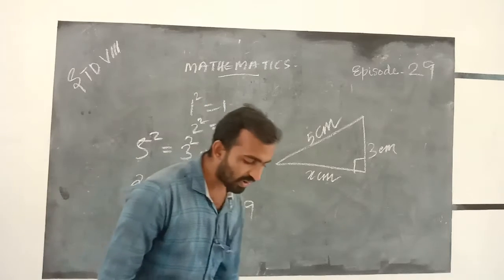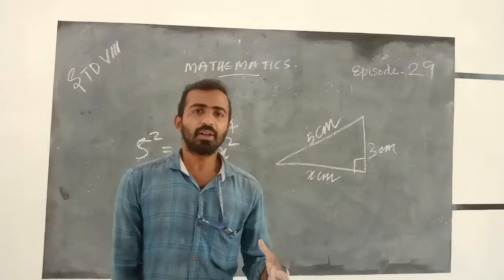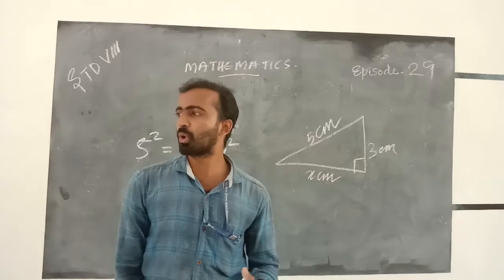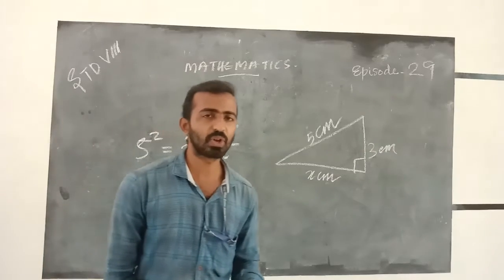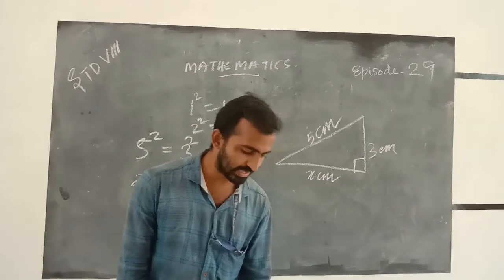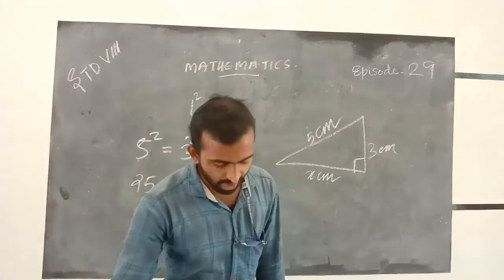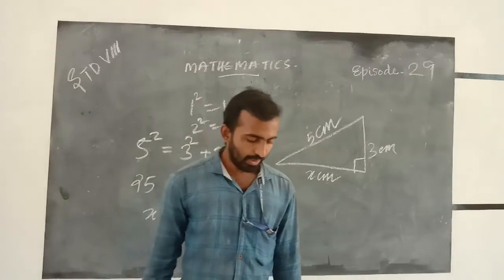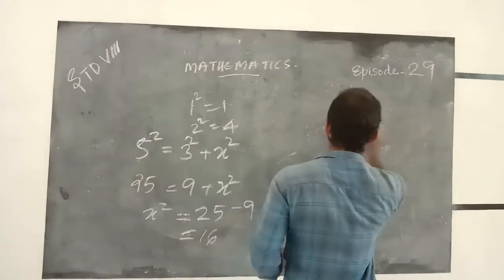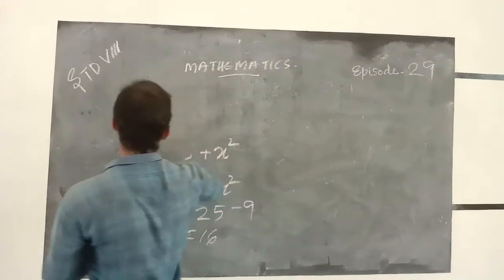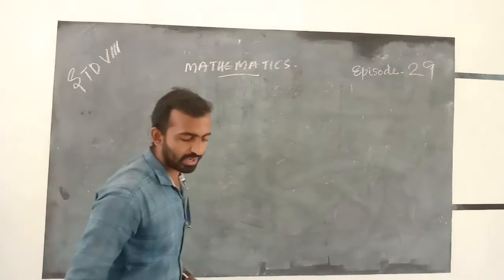And the next one? 4 square equals 16, the square root of 16 is 4. Now for your try this: 11 square equals 121.